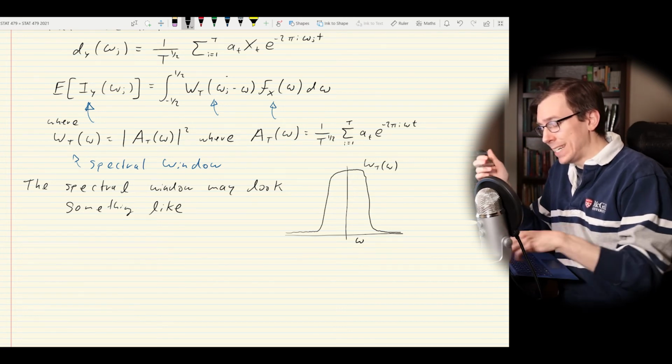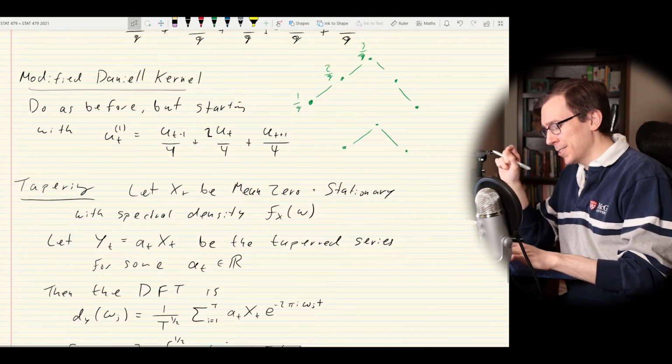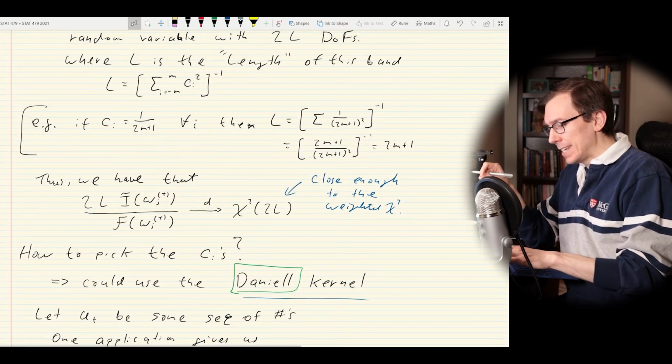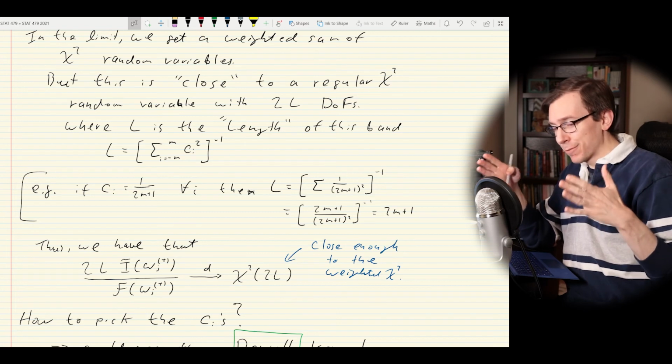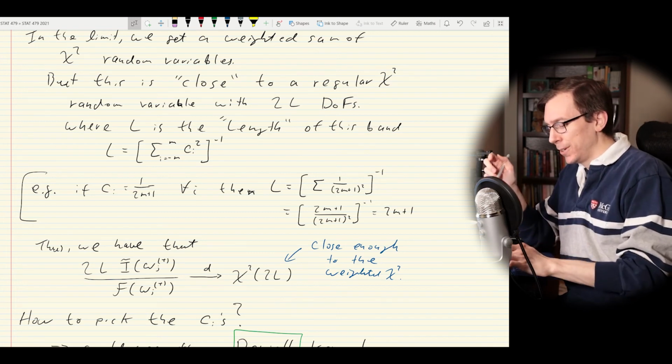Just to recall, because these things are all very similar but also different, what we did before is compute the periodogram at lots of different frequencies, and then average together some local frequencies.